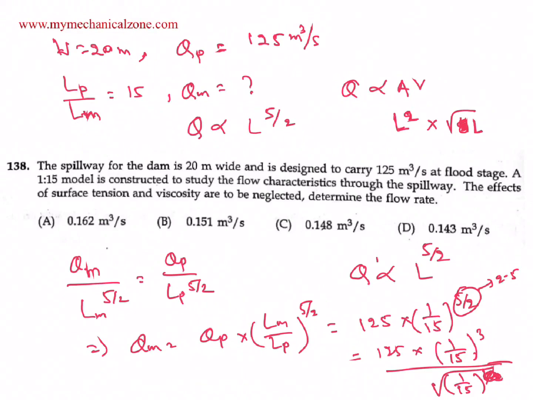Then you can solve this one. If you solve this one, you will get 0.143 meter cube per second. So from option 0.143, D is your correct answer.